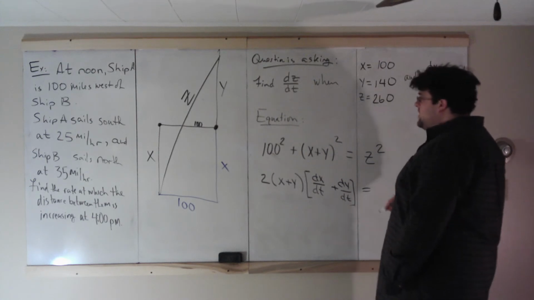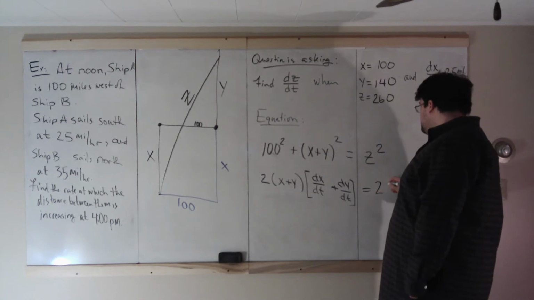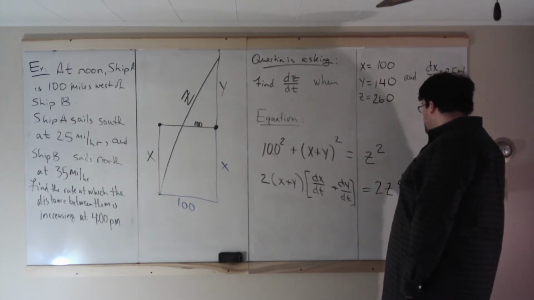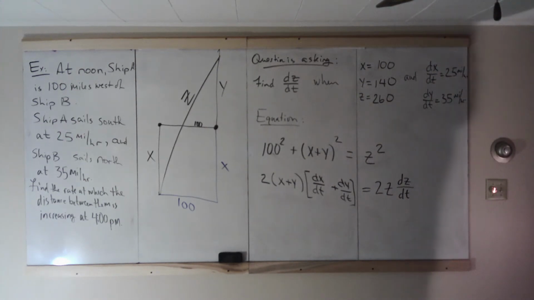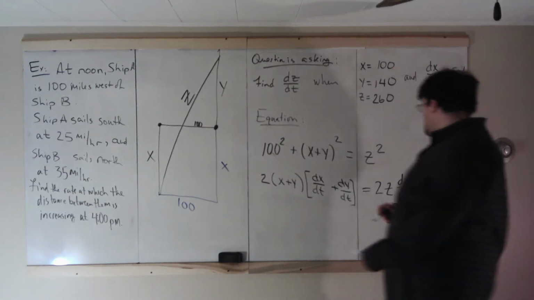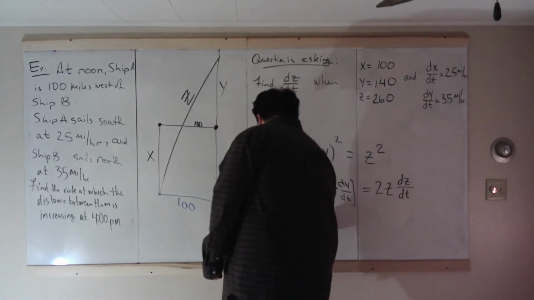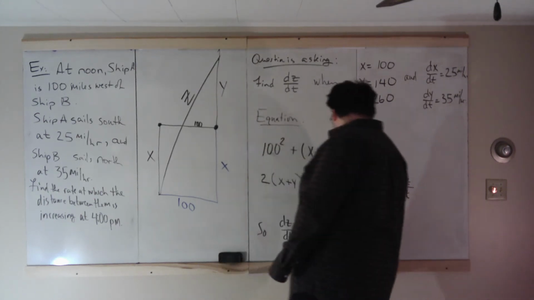Well, again, here x, y, and z are all functions of time. So differentiate z squared with respect to time. You get 2z to the first times derivative of z with respect to t by chain rule. And now we can substitute and solve. I'll do that like this. So what do we want? dz dt? dz dt equals, what does it equal?